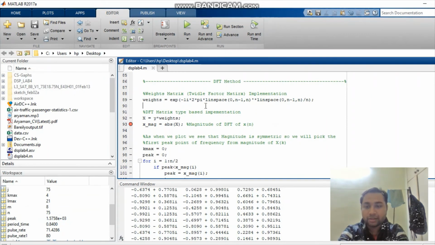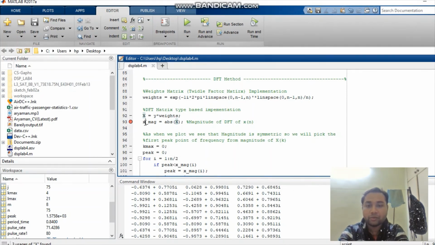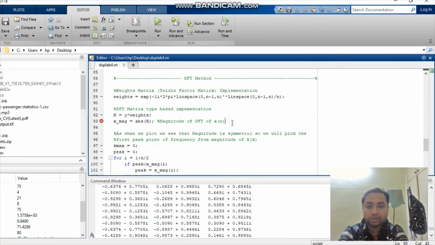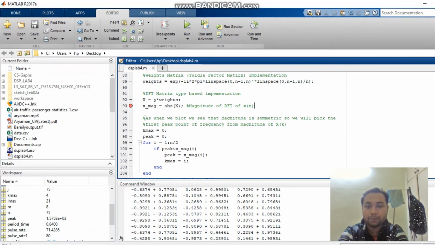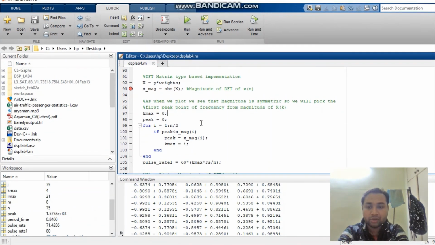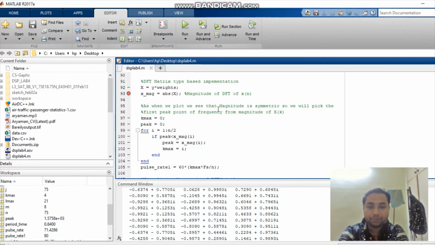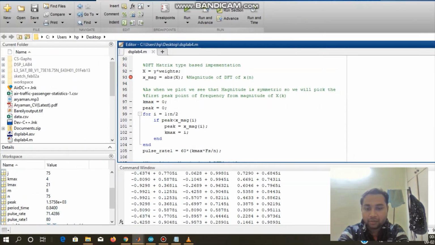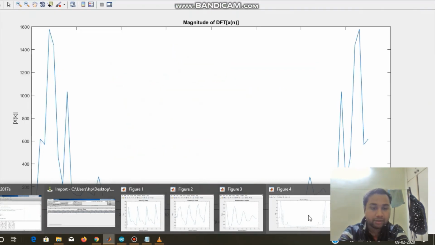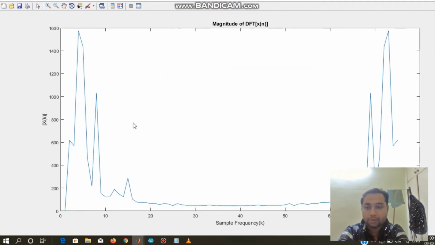As you can see, this is an n cross n matrix, which will be multiplied with our filter output, that is y here, and capital X is the discrete Fourier transform result we are getting. For taking the magnitude, we will use the built-in absolute function in MATLAB, and we will see the results in our plot. As you can see here, it is symmetric in nature.